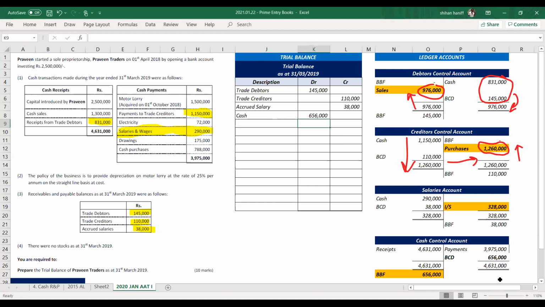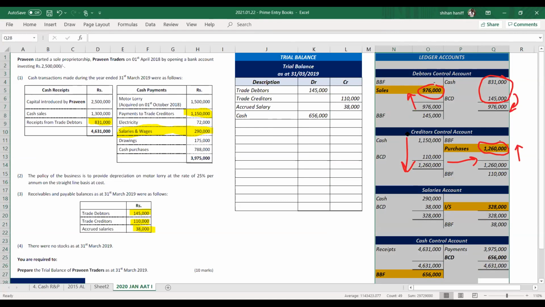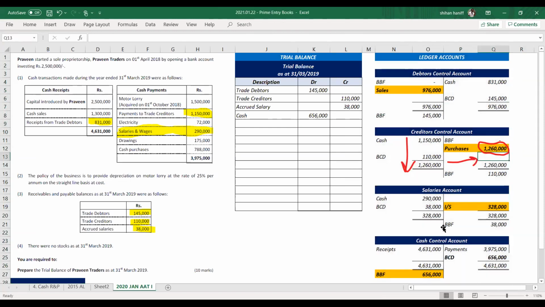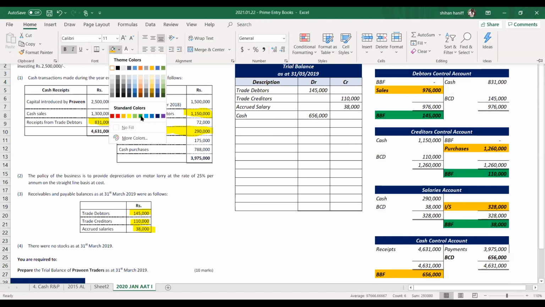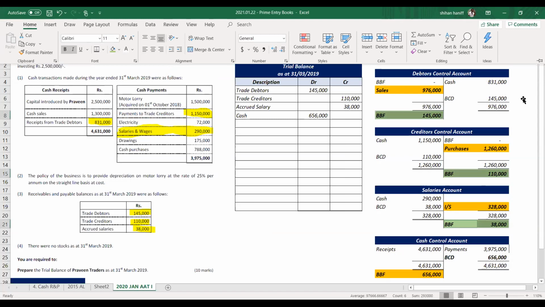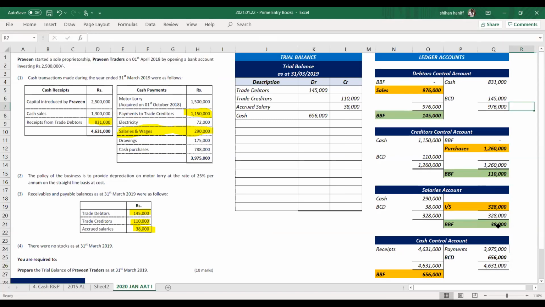I'm taking from the ledger accounts. Right, we took the closing balances: 145, 110, 38, and 656.